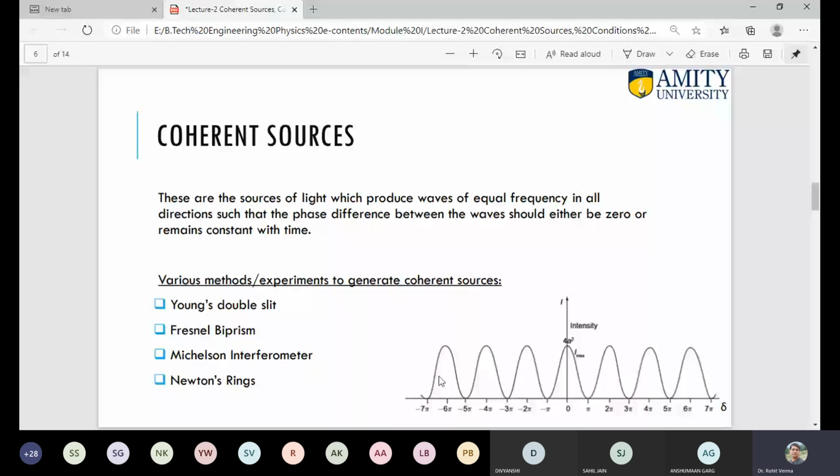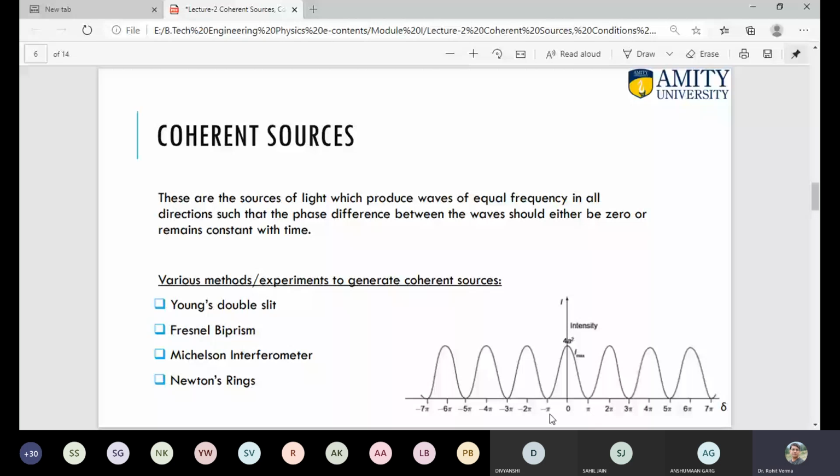And this is showing the interference pattern. As we have discussed in a previous lecture, in the interference pattern we obtain maxima for even multiples of pi. You can see from this pattern that you are getting maximum intensity for 2 pi, 4 pi, 6 pi, and minimum intensity for pi, 3 pi, 5 pi, or minus pi, minus 3 pi, minus 5 pi.